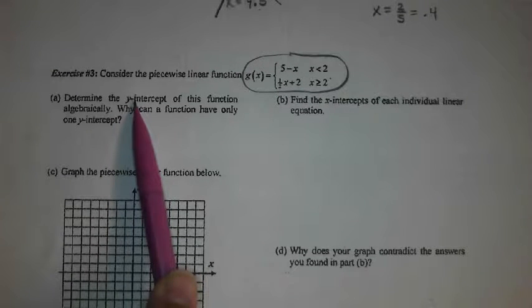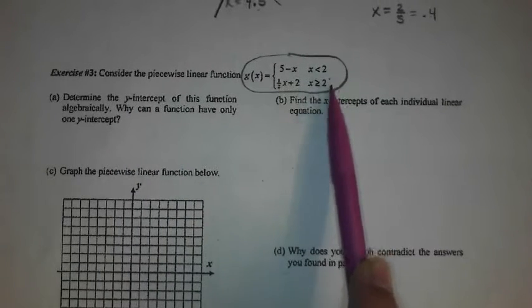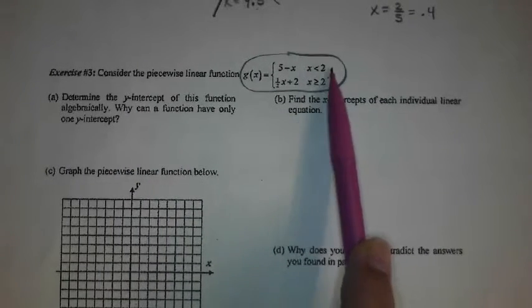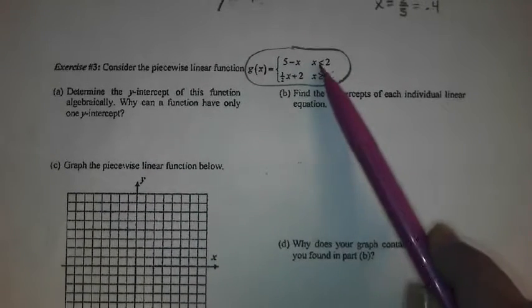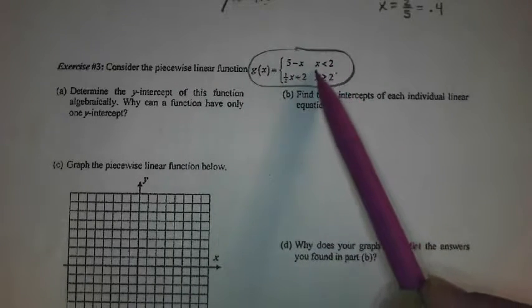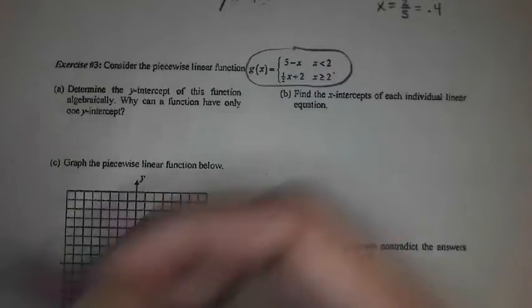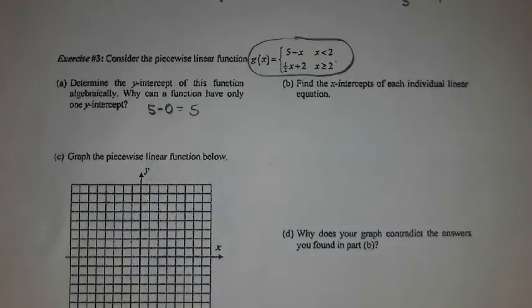Now, because we know we're plugging in an x of 0, which interval does an x of 0 fall in? Is it less than 2 or is it greater than or equal to 2? Less than 2. So when we find the y-intercept, we're plugging into this one because 0 is less than 2. So we would do 5 minus 0, and we would get 5. So that's our answer, 5.